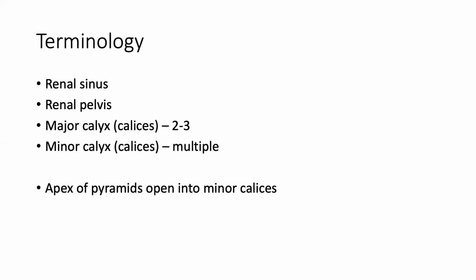Renal pelvis is the beginning of the ureter, which is the dilated portion. And major calyxes, there are 2 to 3, and minor calyxes, of course, there are 4 in the renal pyramids, and therefore they could be multiple. And the apex of the pyramids opens into the minor calyxes.